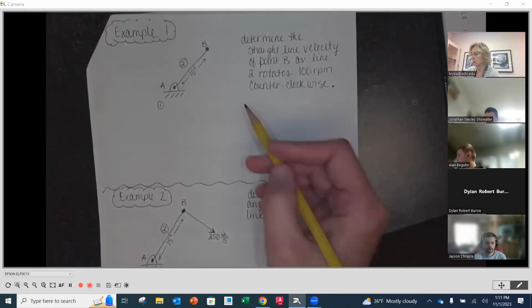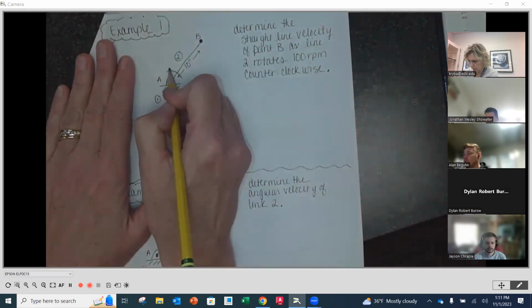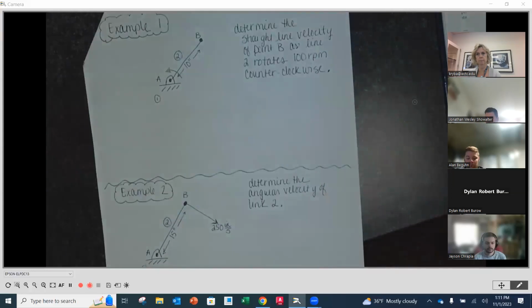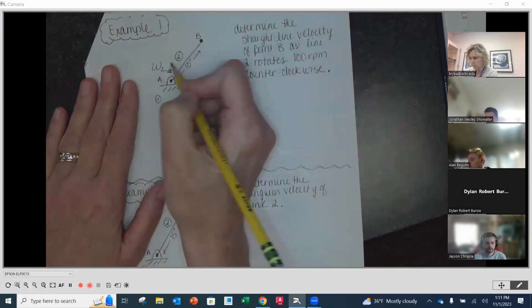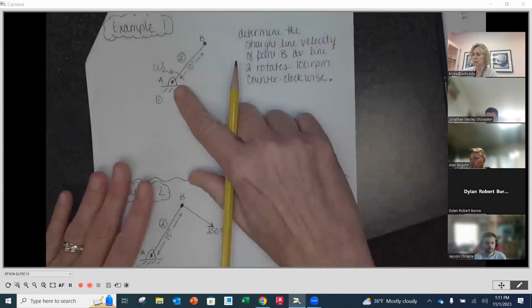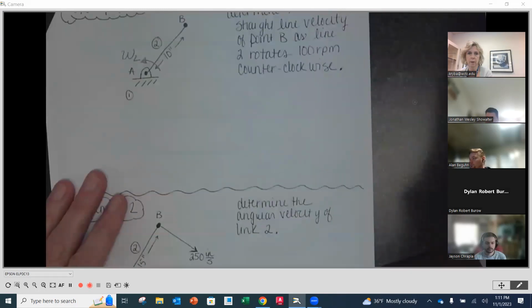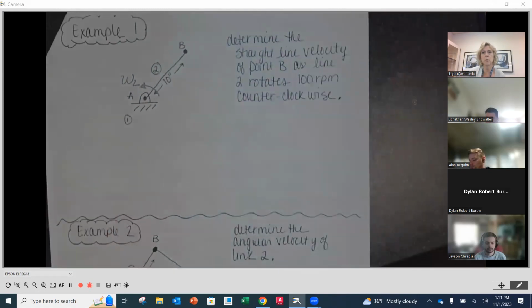Counterclockwise means that we are going to be rotating about that center of rotation, going counterclockwise. We're going to identify that as our W2 because it's the rotational speed of link number 2, or line number 2, however you want to say that. So W2. You have to show this on your diagrams.